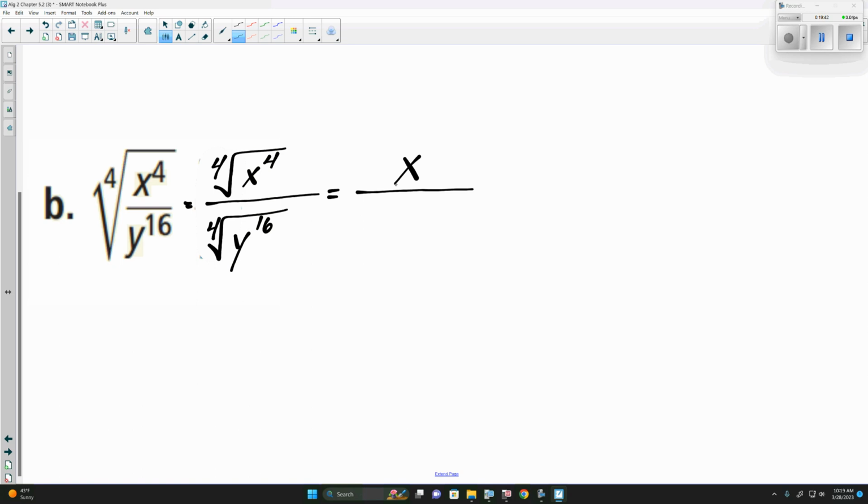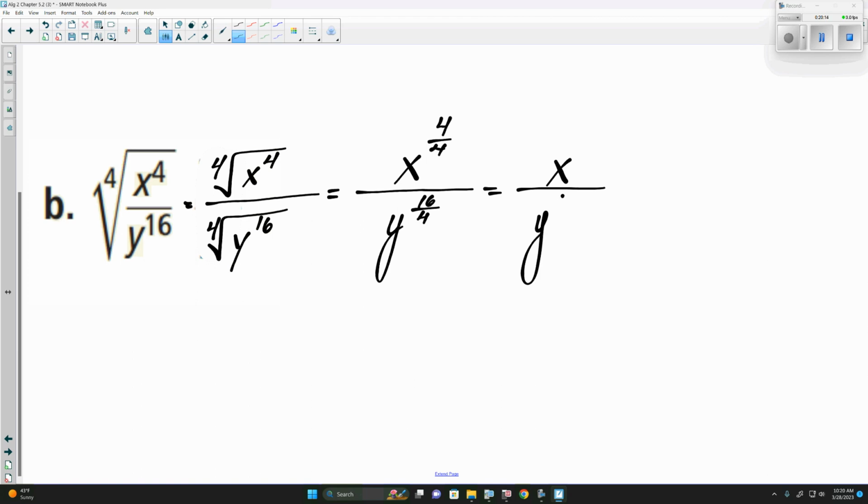And the reason for that is because of our rational exponent. The number on top would be 4, our exponent. And the number on bottom would be the index of our radical, the number inside the little v. And well, 4 divided by 4 is 1, so we just get x. Now the denominator, we'd have y to the 16 over 4.